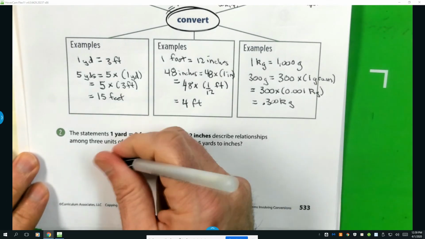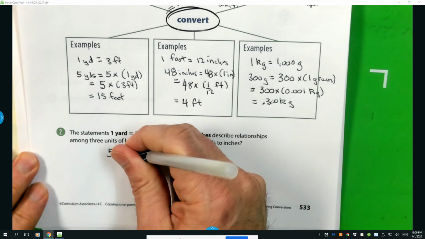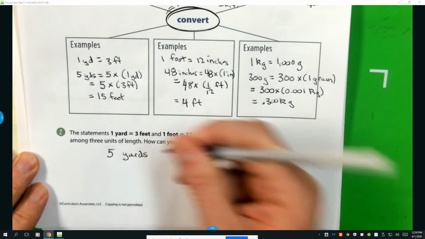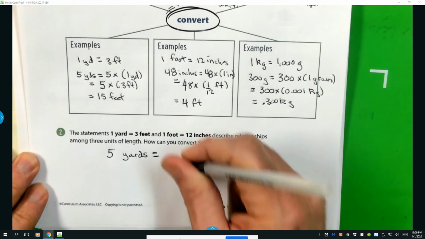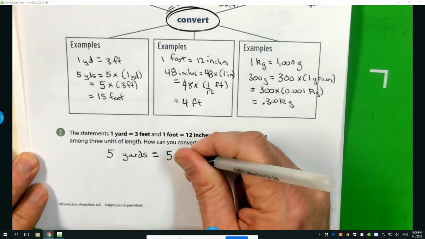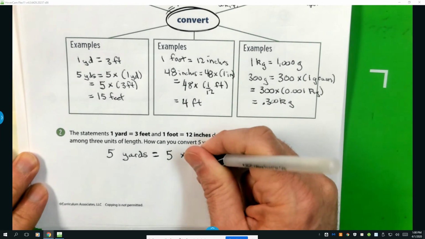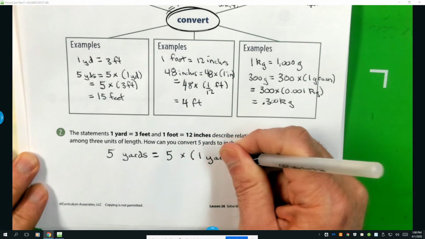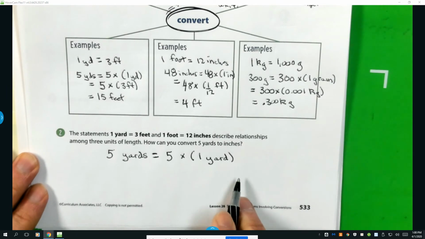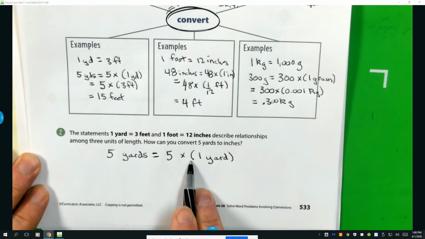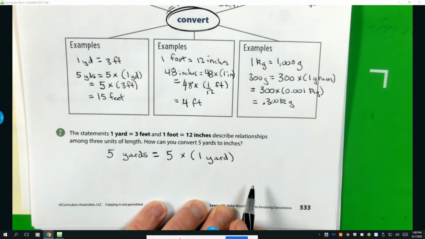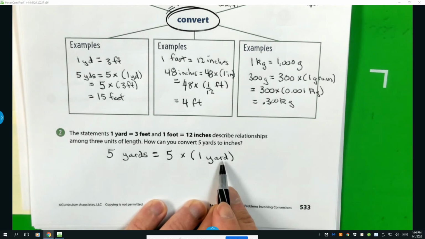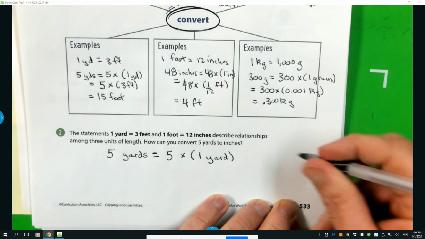So let's just take it. 5 yards equals 5 times 1 yard. Now, as soon as we get this right here, we might be in an area where we're having a problem. Okay? So we've got to figure out how many inches is the yard.